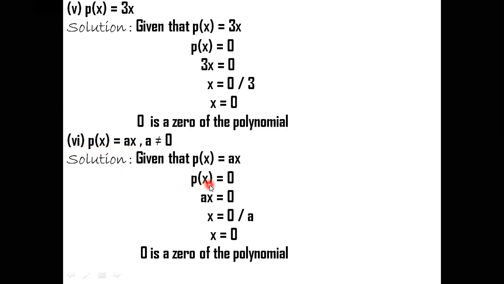So instead of P of x, I'll write ax. ax is equal to 0. x is equal to 0 upon a. So a goes to the other side, becomes the denominator. 0 divided by any number is 0 itself. So x is equal to 0. So what can we conclude? Over here again, the number 0 is the zero of the polynomial.